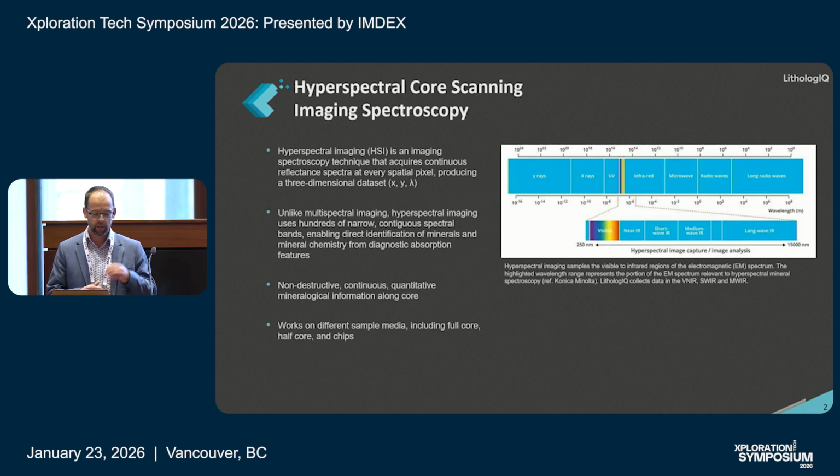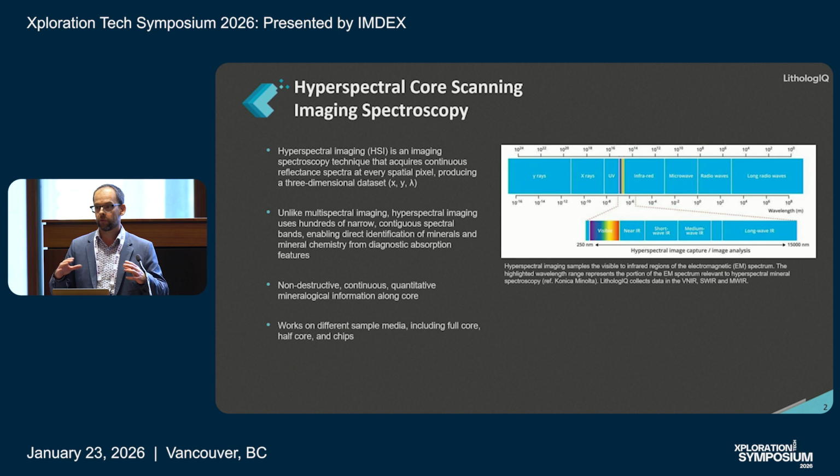Hyperspectral imaging is a technique that measures a continuous spectrum all over the sample area. When I say continuous spectrum data, it starts from the RGB up to the long wave. Different combinations of sensors can cover this wide spectral range, but it is continuous.